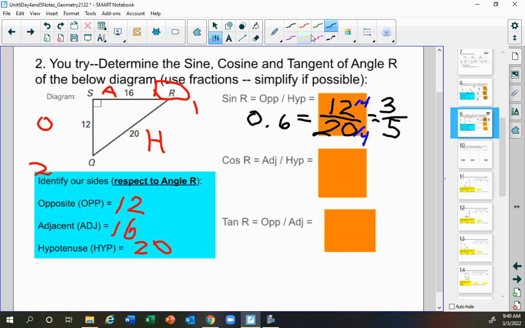Okay, what about the second one? What two numbers? 16, 20, which then becomes, what's our fraction? 4 over 5, very good.